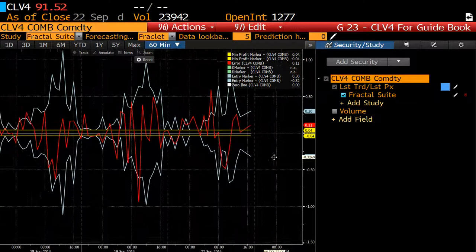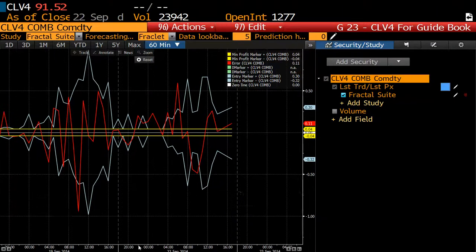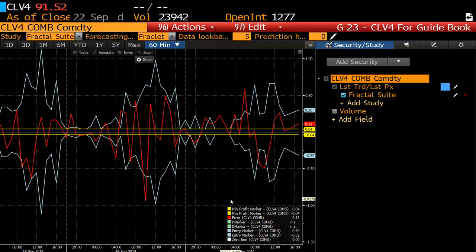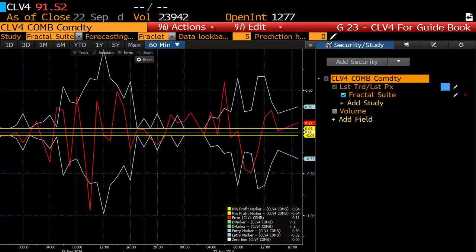It's not giving us price because it's normalized about 0. So it's strictly being used as a way to identify when the opportunity is present to enter into the market. And again, this can be used as a reversion predictor strategy, or it can be used as a breakout strategy for a trend.